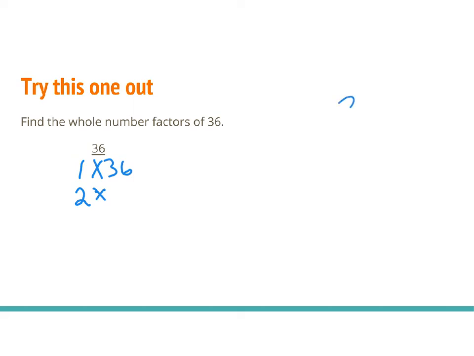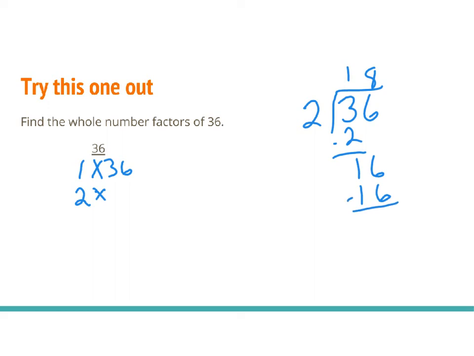If I don't know what the other factor pair with 2 is, I can do the division problem up here. It's not a big thing. So there it is. It's telling me it's 18. So 2 and 18. Look at that, it's an even number that's paired with 2, so that tells me 4 is going to work.